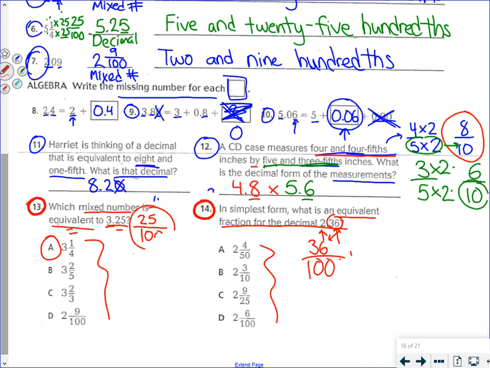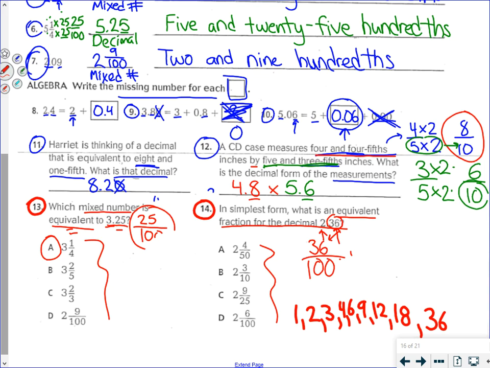Thinking about the factors of 36: I have 1 and 36, 2 and 18, 3 and 12, 4 and 9, and 6 times 6. What would be the biggest one I could divide 100 by?